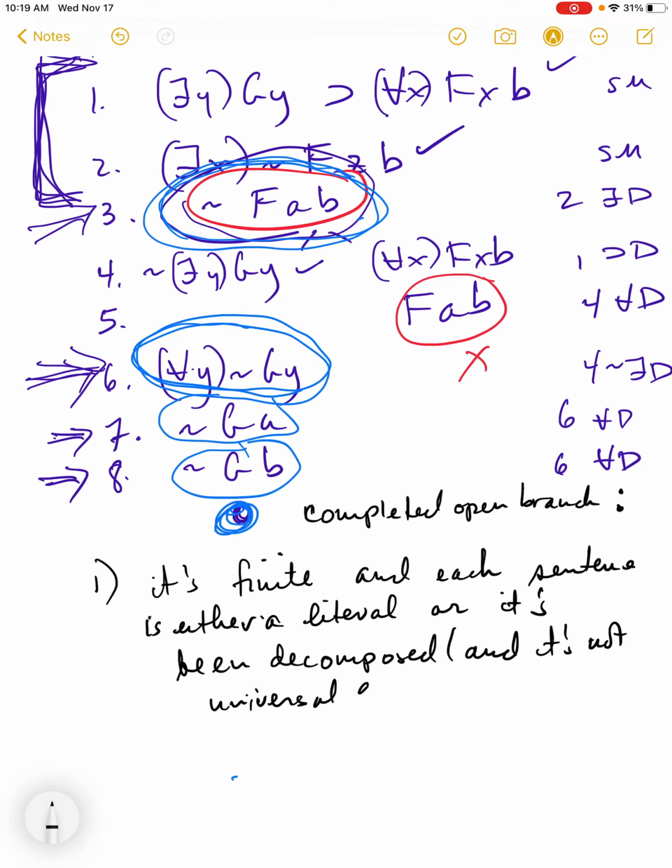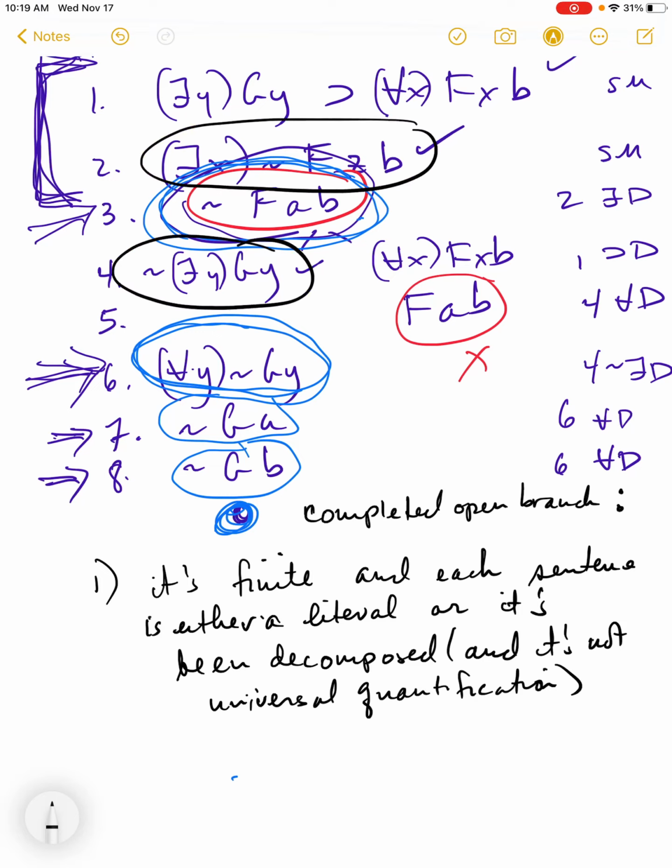That is, everything that's not a universal quantification has been decomposed. Okay? So in this case, that's been decomposed, that's been decomposed, but we're going to have a clause concerning universal quantifications.